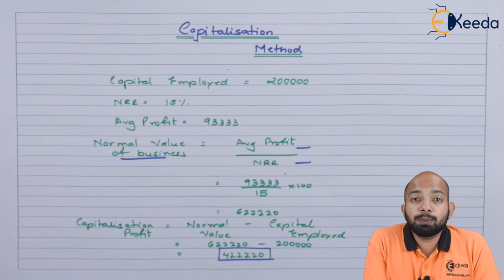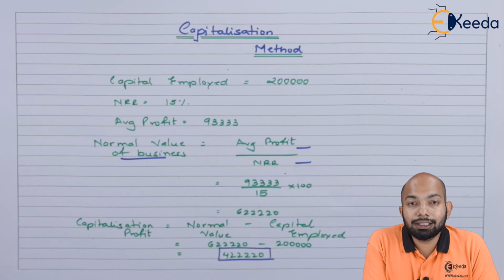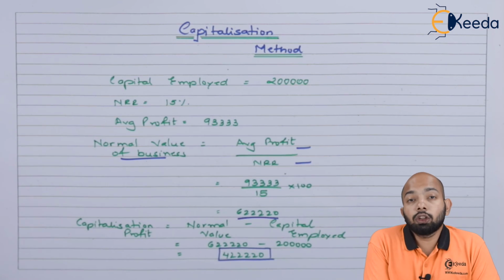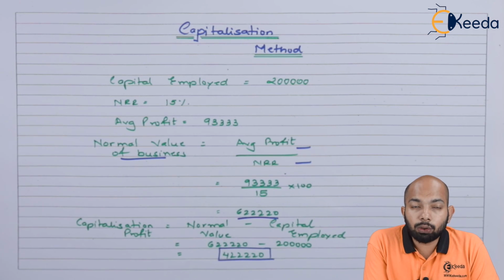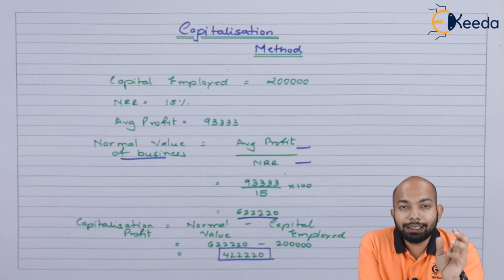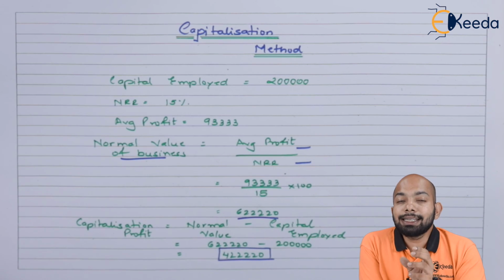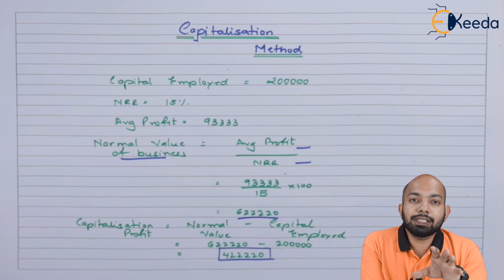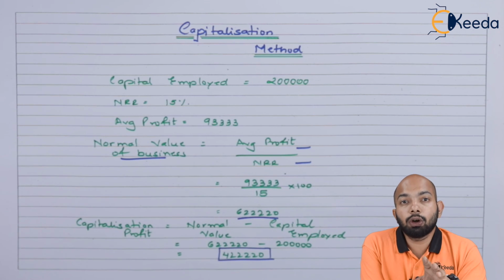In this scenario, average profit was 93,333 divided by 15%, which gives you a total of 6,22,220. Now that's the normal value of the business. The capital employed has been mentioned as 2 lakh rupees. So accordingly, you have to figure out the difference between the normal value of business minus the capital employed, and that is the capitalization profit that will be used for calculation of goodwill.